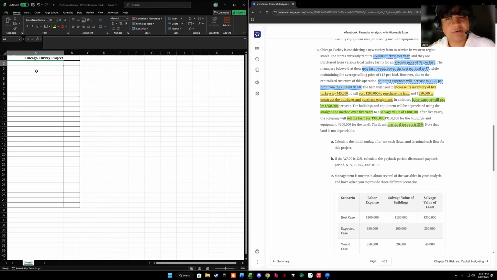All right. So firstly, I'm just going to put down some of this given information that we got. This will be really useful for our ratios and calculations later. The first ones I'm going to do here, these yellow ones, are the initial investment, year zero. The cost of new land is 200,000.